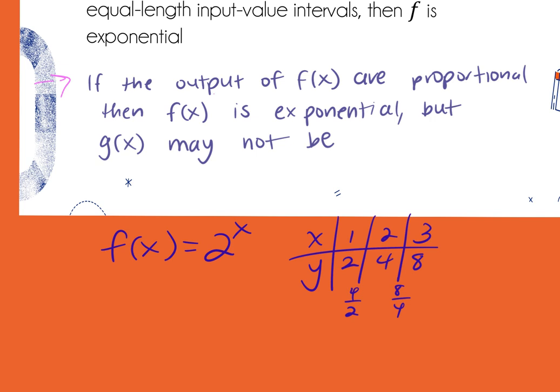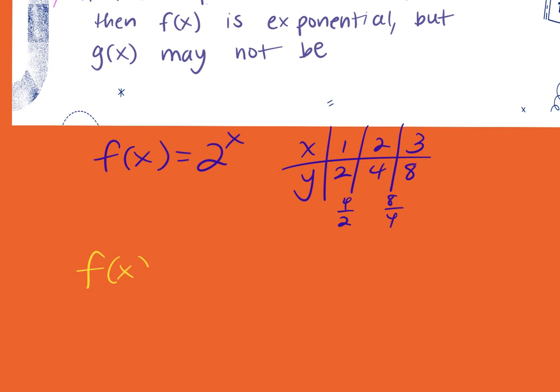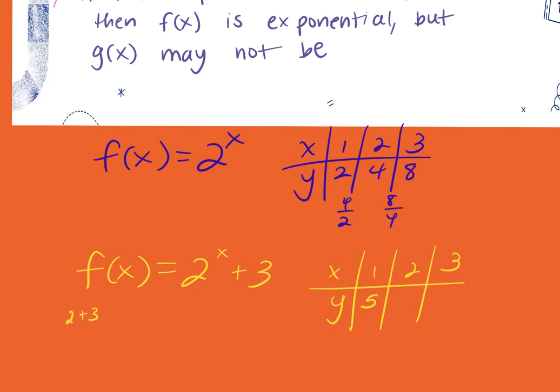But what happens if I take that function and add a vertical shift to it? Let's just say I shift it up 3. That means all those values, with the same input: x to the first is 2 plus 3, this is 5. x to the second is 4 plus 3, that's 7. x to the third is 8 plus 3 is 11.